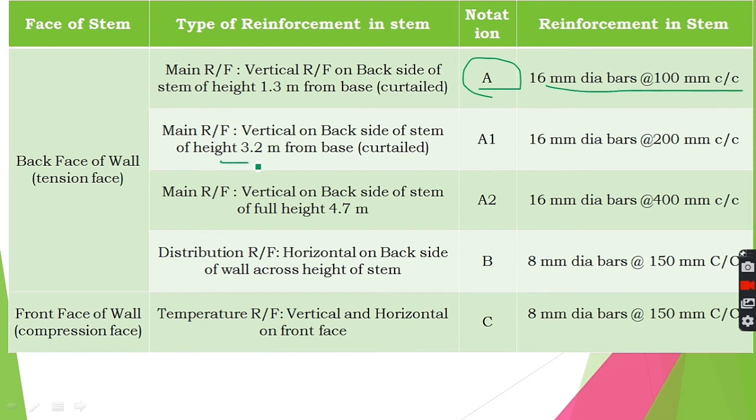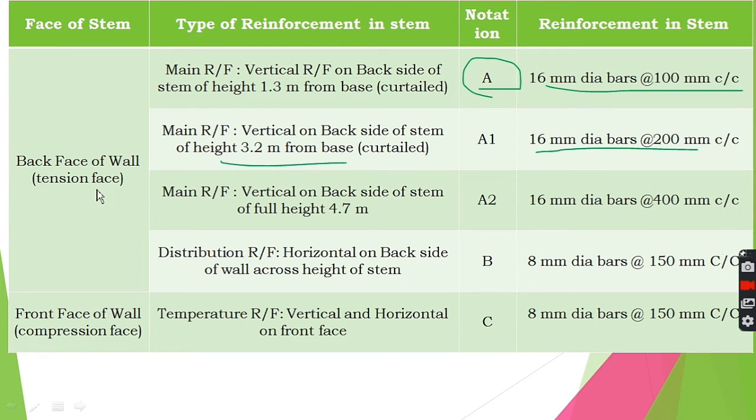The second curtailment was made at 3.2 meter from base, and this is this much. And the third, this is the first curtailment, this is the second curtailment, and this is the third vertical bar provided along the full height of your stem, where the reinforcement is less, that is at much larger spacing.